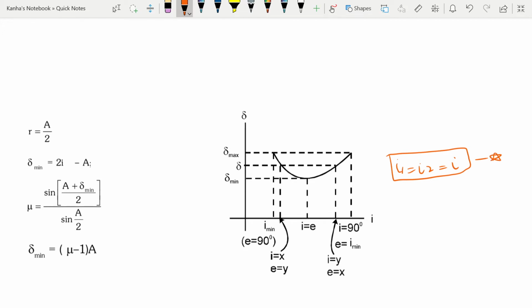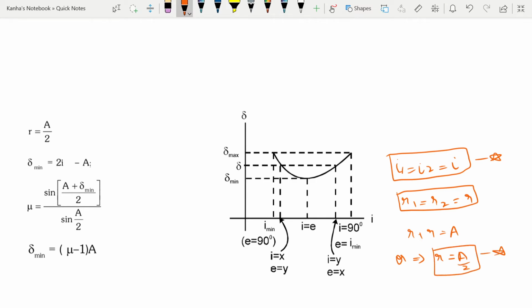That implies R1 is equal to R2 is equal to R. And since R1 plus R2 is equal to A, therefore R plus R is equal to A, or R is equal to A by 2. You should keep this in mind.